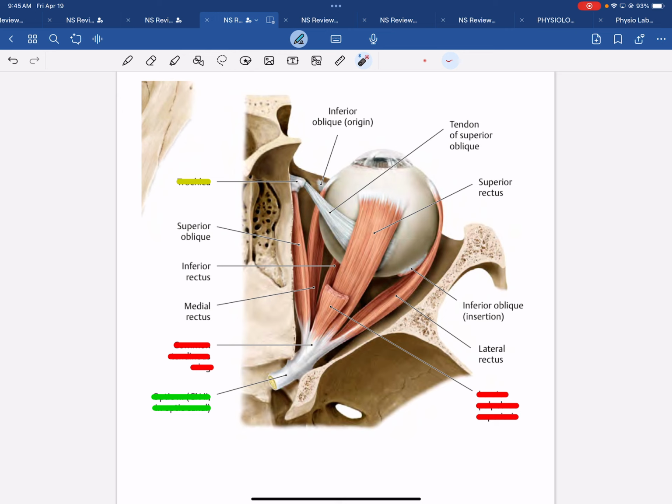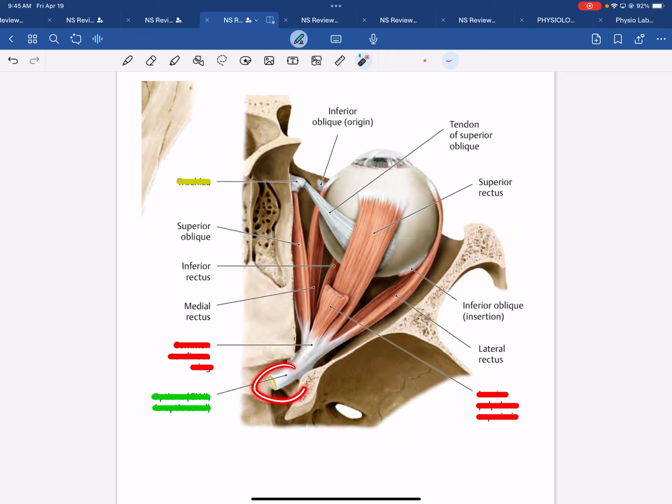Because when your head rotates, your eye counter-rotates. So it's called either intorsion or extorsion. And that's what the superior and inferior oblique muscles do, right? They do intorsion and extorsion up to a certain point. I don't think we have to know that unless your instructor mentioned it. Okay, good. What about this one?